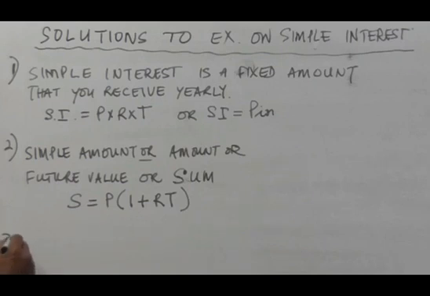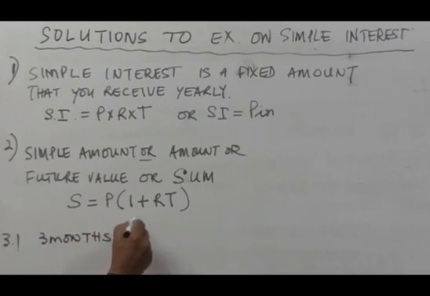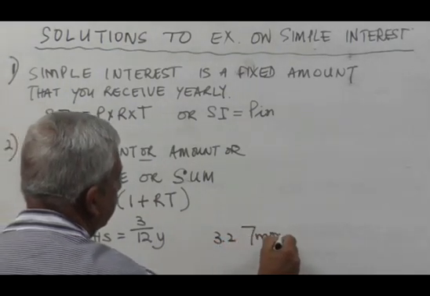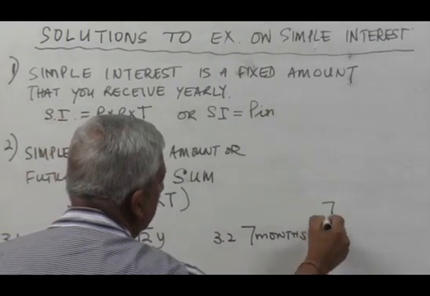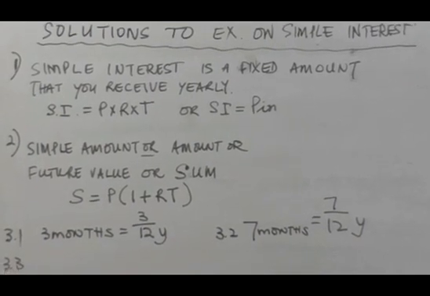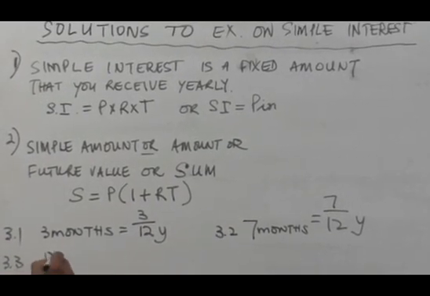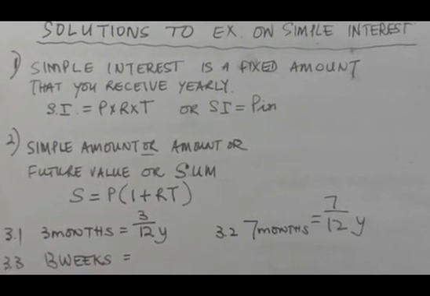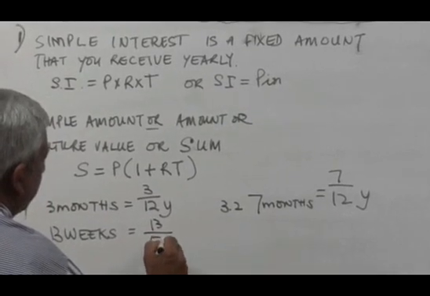So number 3.1, 3 months is equal to 3 over 12 year. 3.2, 7 months is equal to 7 over 12 year. 3.3, 13 weeks. 13 weeks is equal to 13 divided by 52.